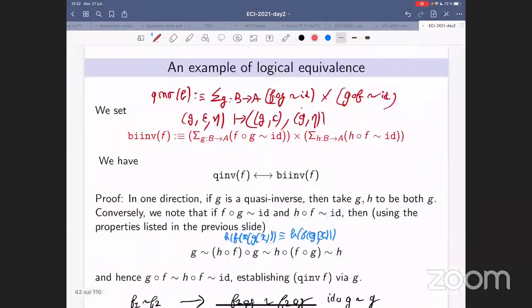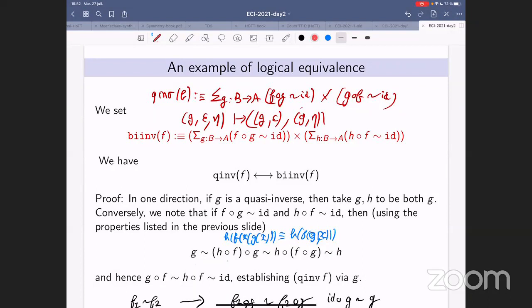There were some discussions, maybe I didn't read all the discussion after, about why these two types, what does it mean that these two types are logically equivalent, and why would they not be equivalent? What I have just shown you is how to define a function that maps biinv of f to qinv of f, or conversely.